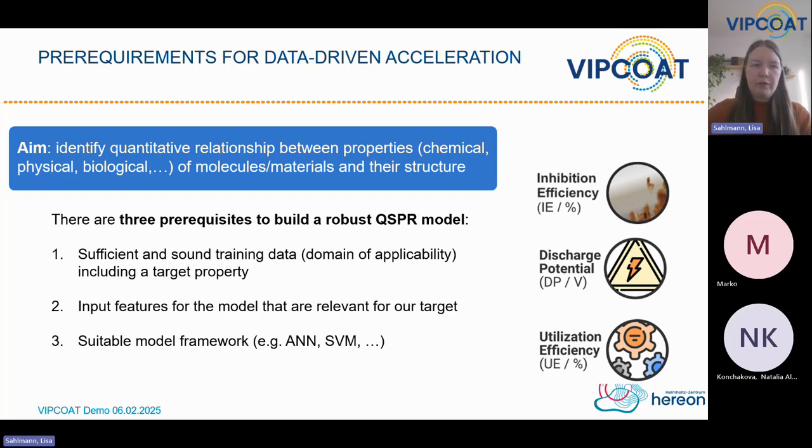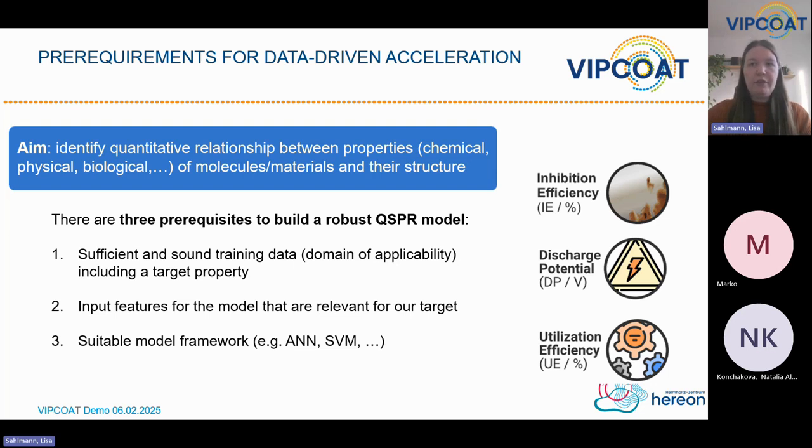We need, first of all, sufficient and sound training data, which also includes a target property. So in our case, that means we need enough molecules that are tested for their corrosion inhibition properties. Then the second point here is we need input features. Here the structure of the molecules comes into play.